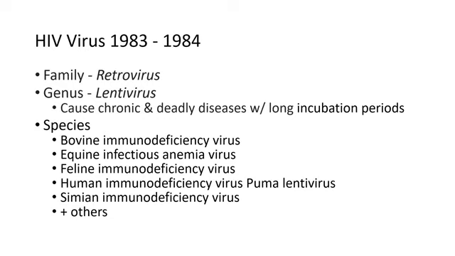The species of these are bovine, which is cow, immunodeficiency virus, equine, which is horse, feline, which is cats, human, and simian, which is the chimpanzee version. There are a couple of others that I didn't list just because they're uncommon, and even the animals are uncommon.